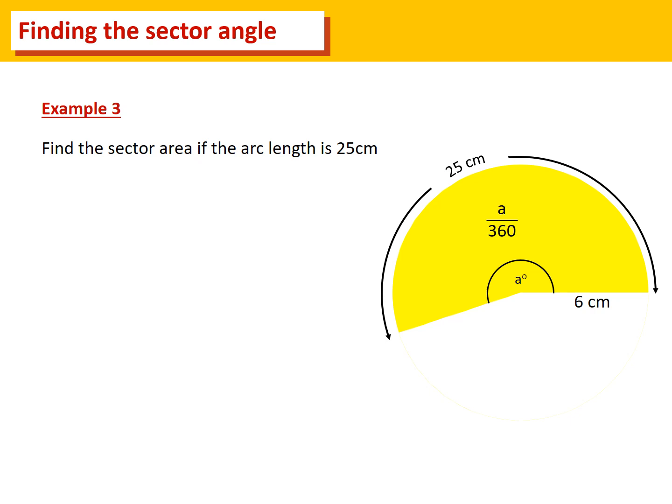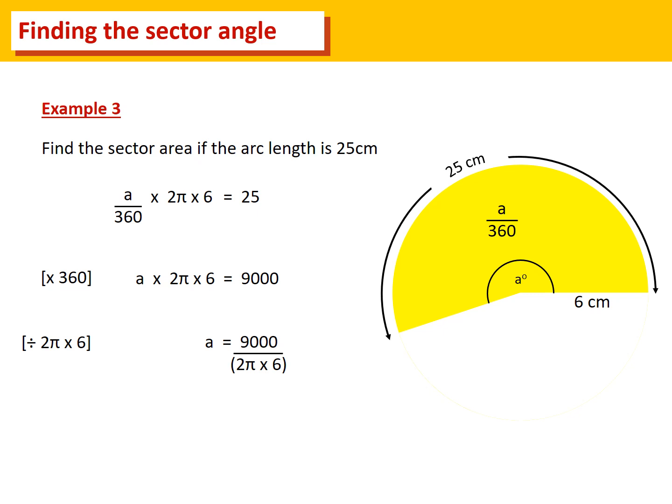So the fraction of the circle is A 360ths times 2 pi r, that gives us the arc length of 25. We multiply by 360, we divide by 2 pi times 6, put brackets around that denominator when you're tapping in, and we should get 238.732 for our sector angle.